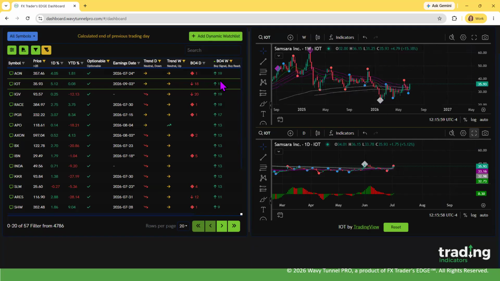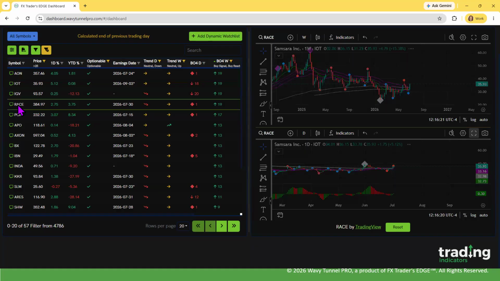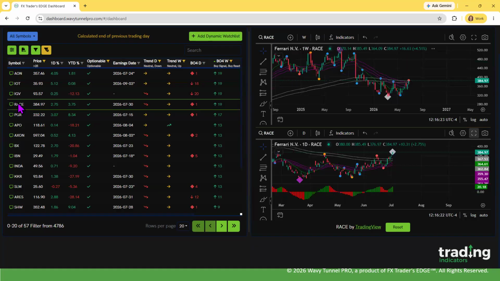However, it's 19 candles in, so I just wanted to show you that. Also, I have the earnings date here, so make sure you look at the earnings date before you take any positions. Make sure you're not taking a position into earnings. Okay, very important. We're not going through that right now. Okay, let's go to this one.